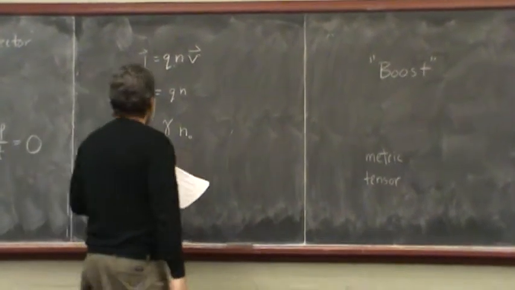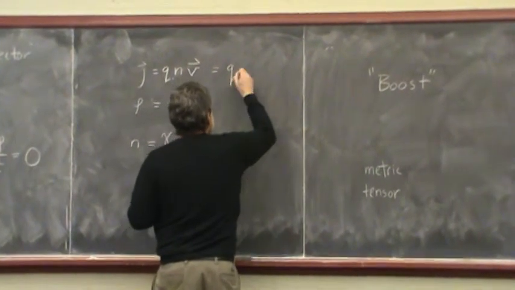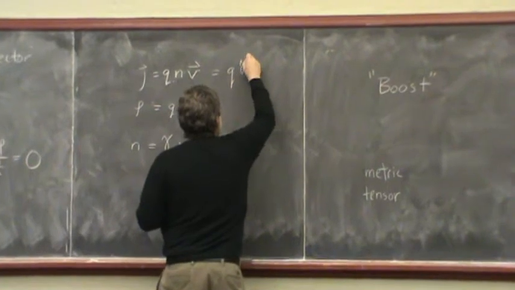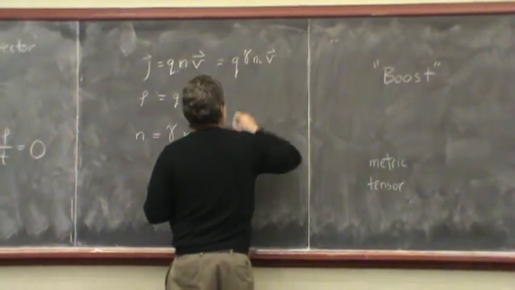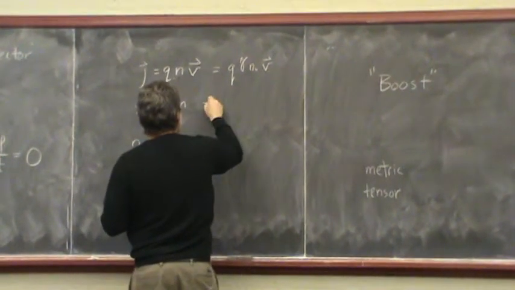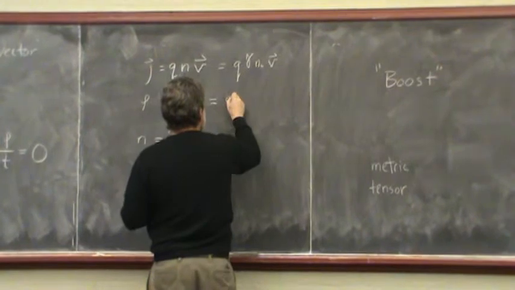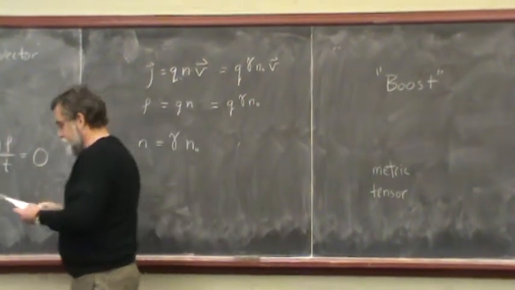So then I can rewrite the current density as Q gamma N0 V. So I transformed the number density of charge, and here I've got Q gamma N0.